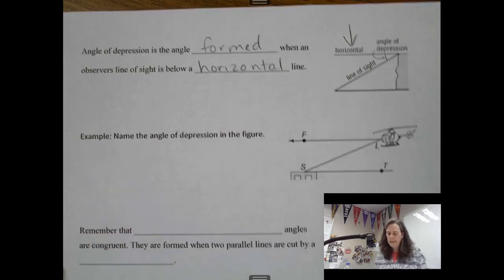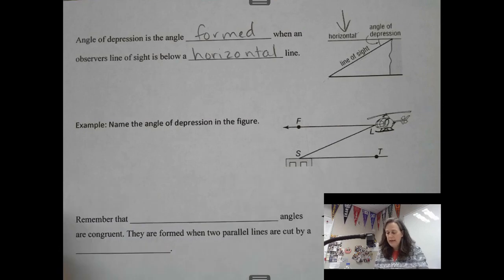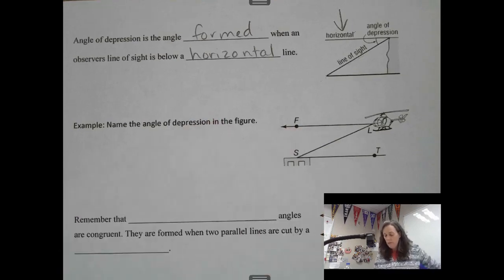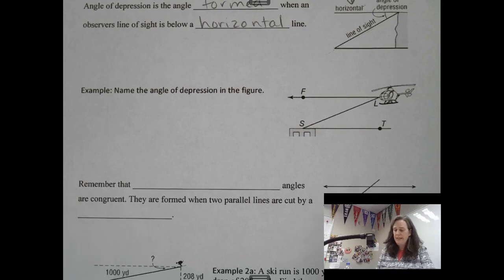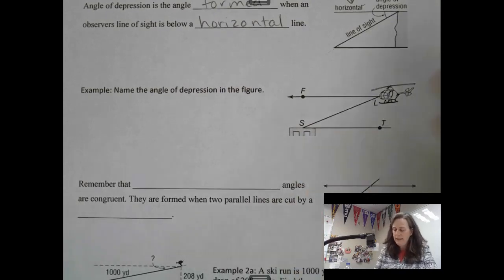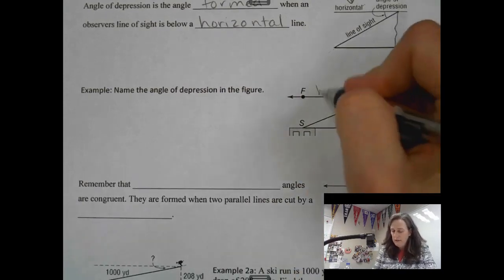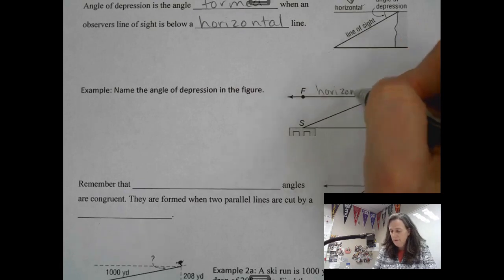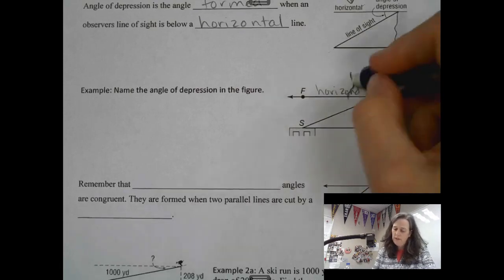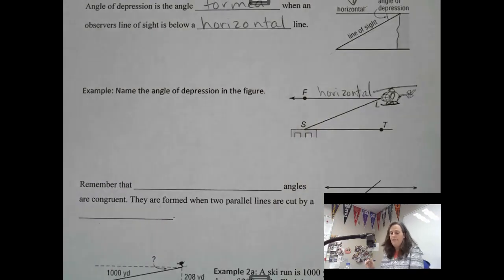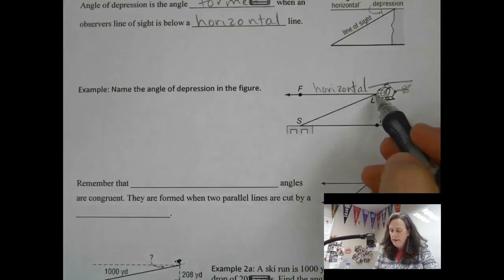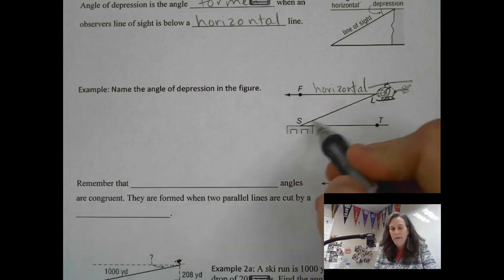Okay, so let's look at an example. Same picture we had on the front where we did the angle of elevation, but there's also an angle of depression in this same scenario. This is the horizontal line. Horizontal line. And from that helicopter, not looking horizontal, he's looking down, angle of depression.